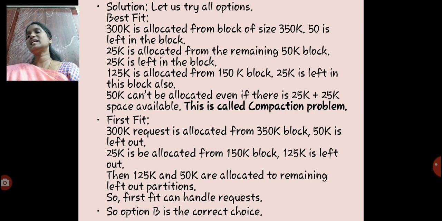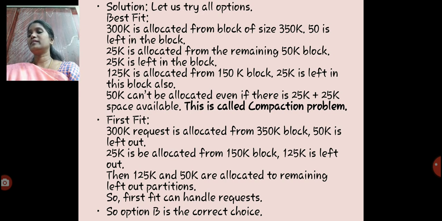So we try out the next type of allocation, which is first fit. See, the 300k is allotted to 350k, so 50k is left, and the 25k is allotted to 150k. When 25k is taken from 150k, 125k will be unused, right?